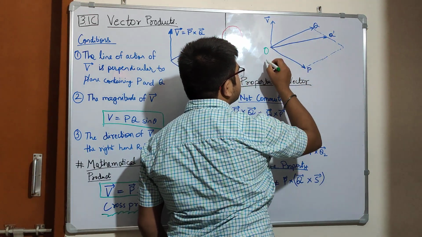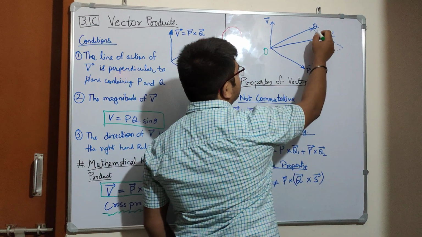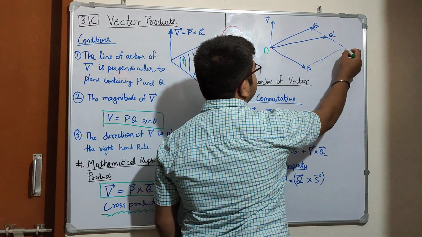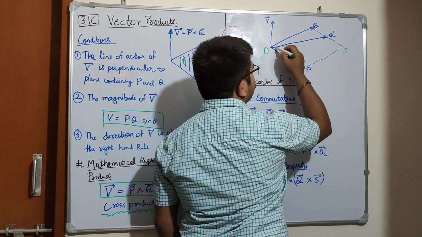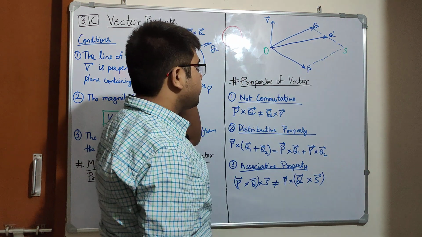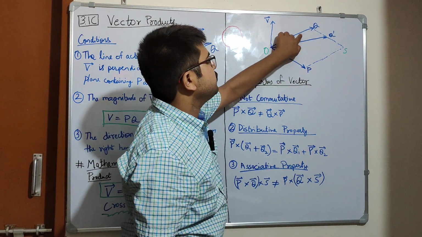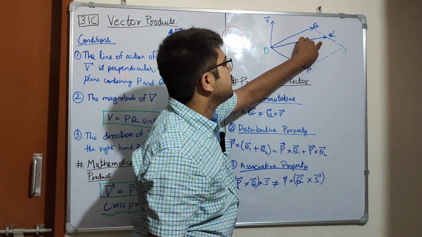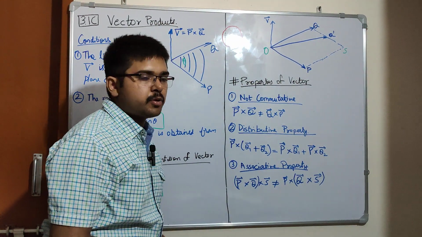This is O, suppose. So OQ dash, and suppose this is S. QS is parallel to OP, then the vector product P cross Q will be the same as P cross Q dash.